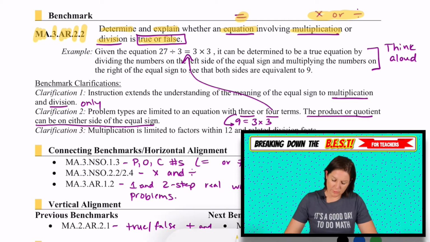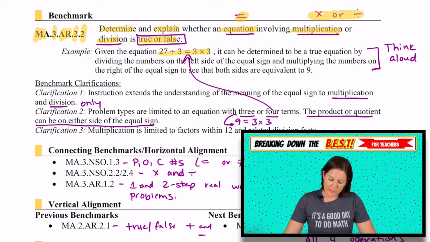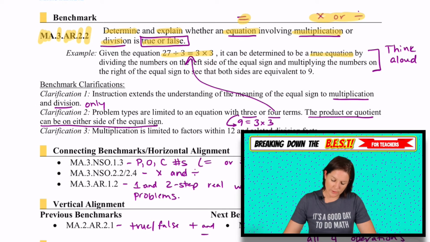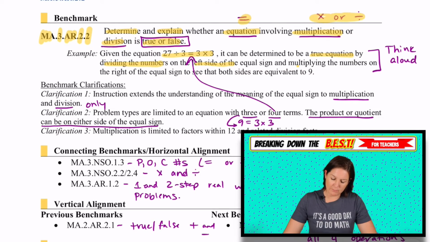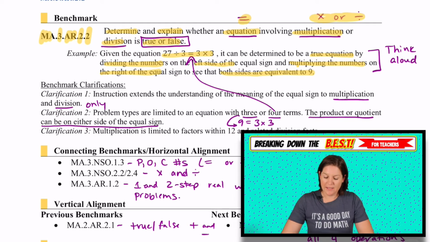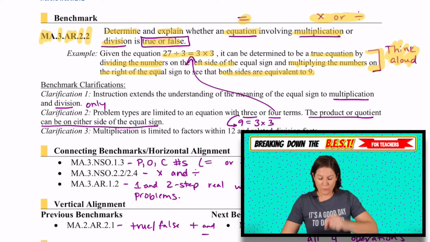So here's an example where you're given an equation, and this equation is true because we're finding the value of the left side by dividing the numbers and multiplying the numbers on the right side to see that both sides are equivalent to 9. And this is the kind of think aloud that is expected with this standard.